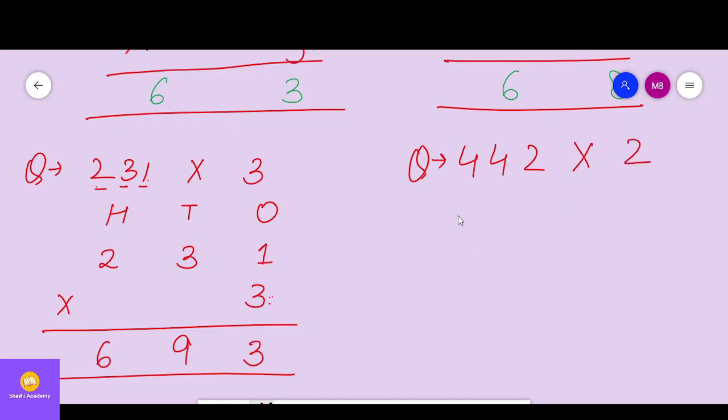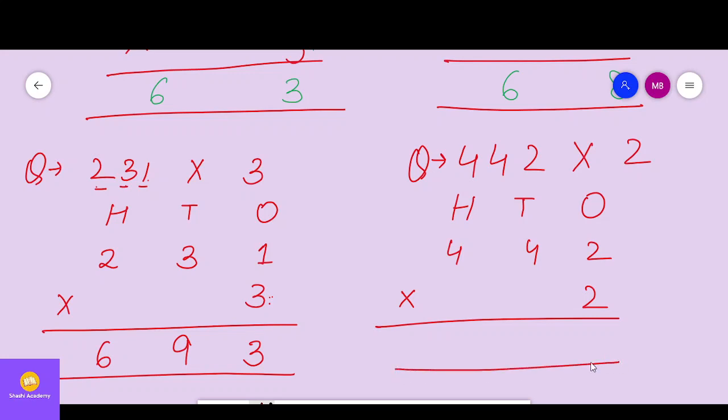So what we do is first we put the correct digits under the correct place values, that is 4, 4 and 2. Then we will multiply it with 2. First we have to multiply the 2 in the second row with the numbers in the first row.